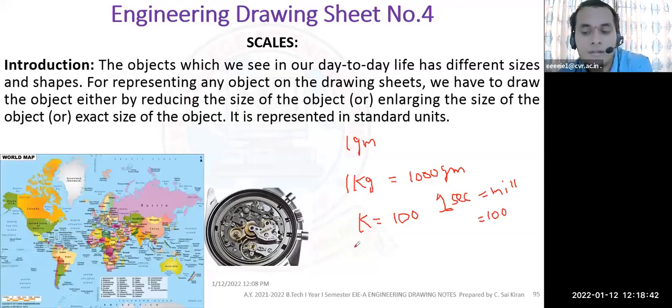So suppose I measure anything in meters, and I ask 1 meter equals how many millimeters. Milli is nothing but 10 to the power of minus 3, that is 1 by 1000. So you have a few abbreviations such as 10 to the power of 1, 10 to the power of 2, 10 to the power of 3 as the higher values.